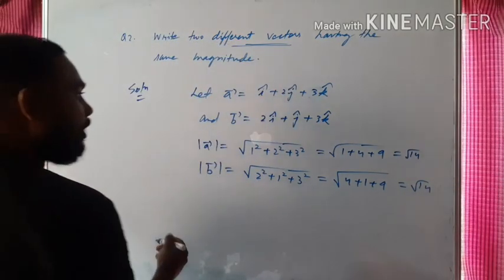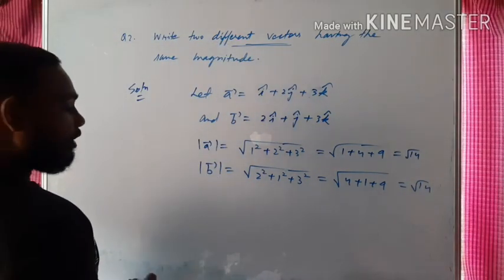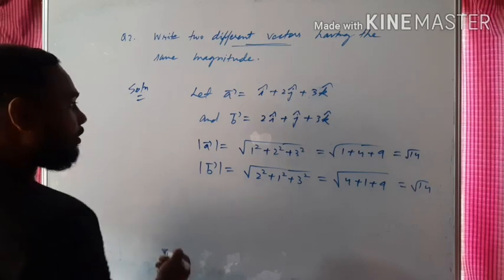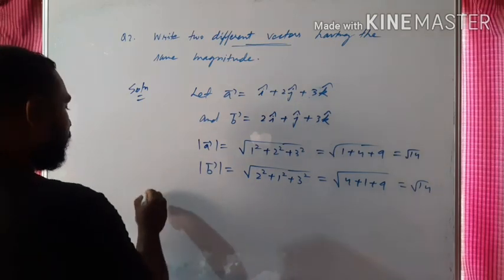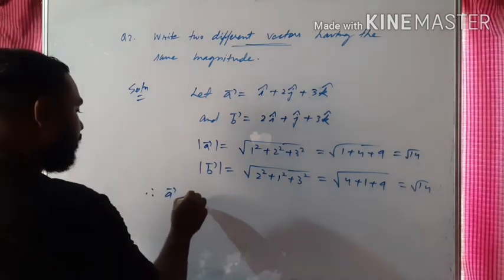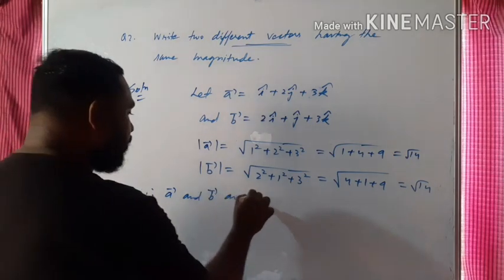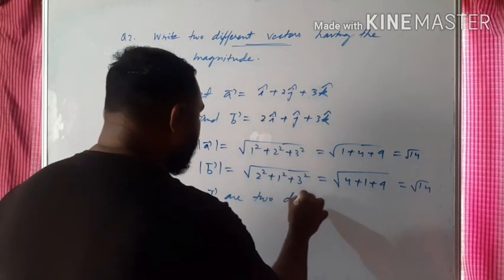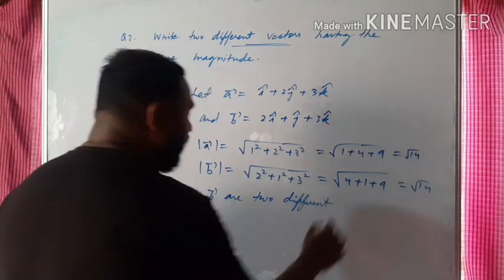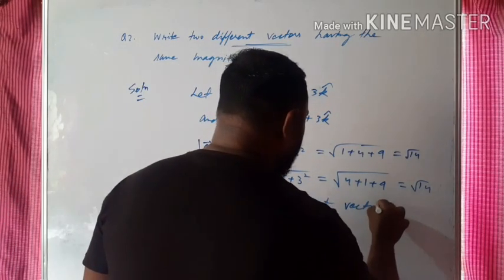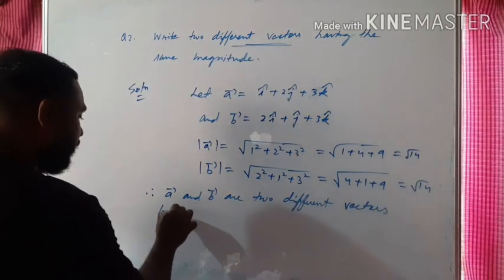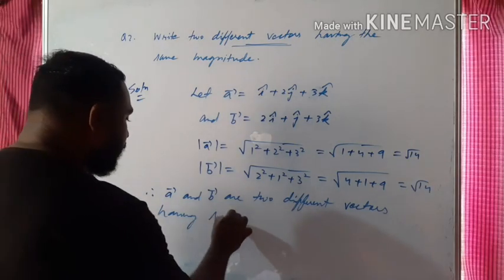So we can see that a and b are two different vectors, but they have the same magnitude, isn't it? So therefore I can write a and b are two different vectors having same magnitude.